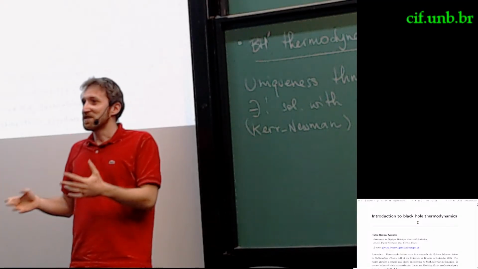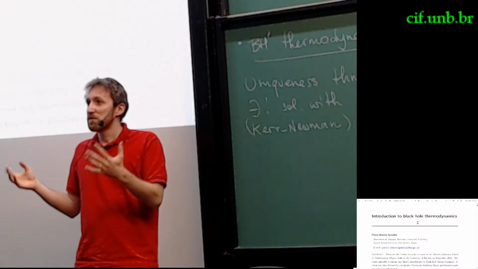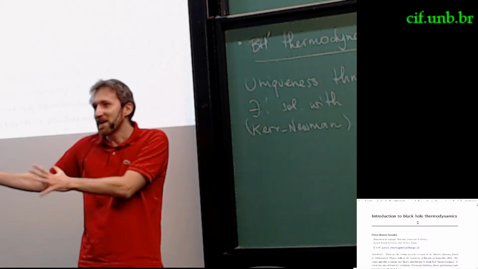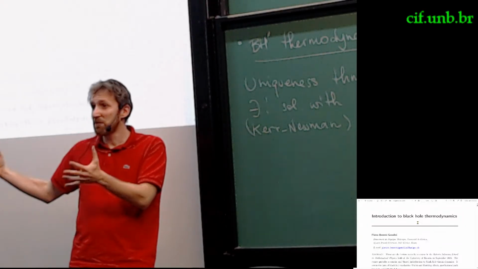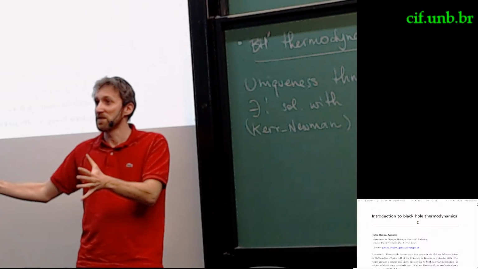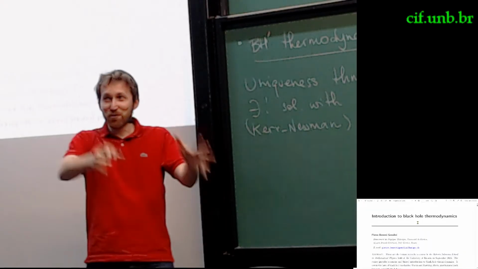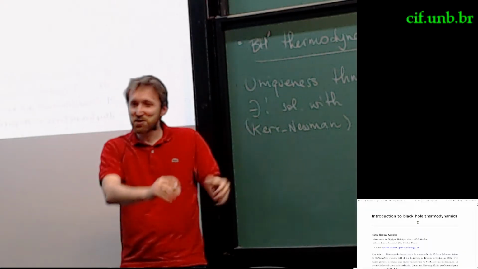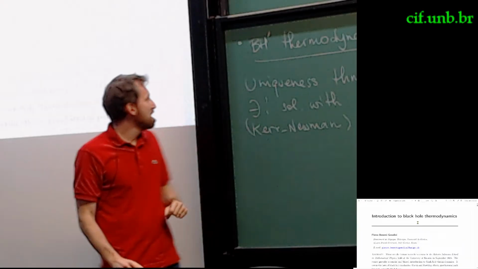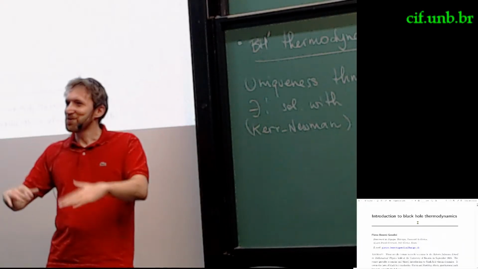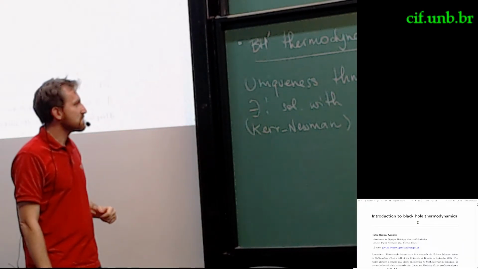So this seems to contradict the second law of thermodynamics, because I can effectively lower the entropy of the universe. I can dive in a black hole, and then you will never know whether I was wearing a red t-shirt or a blue t-shirt. So that's a loss of entropy in a sense.